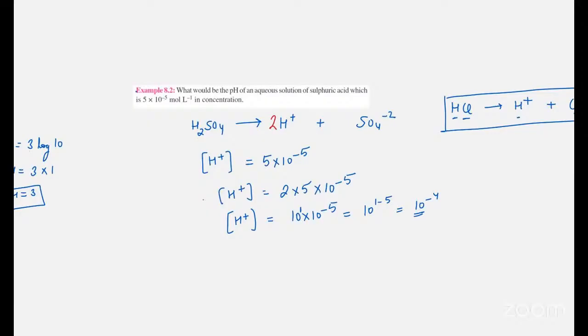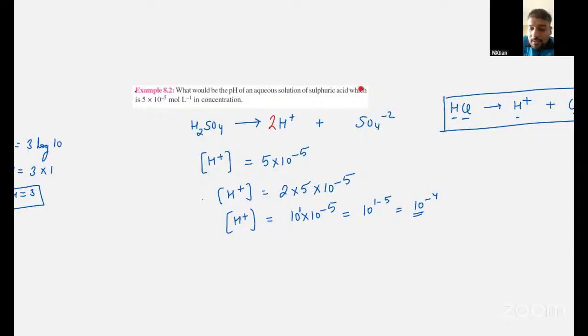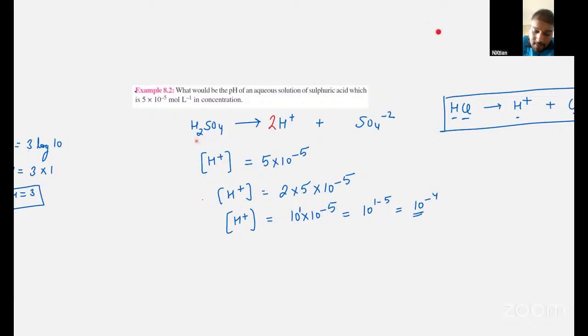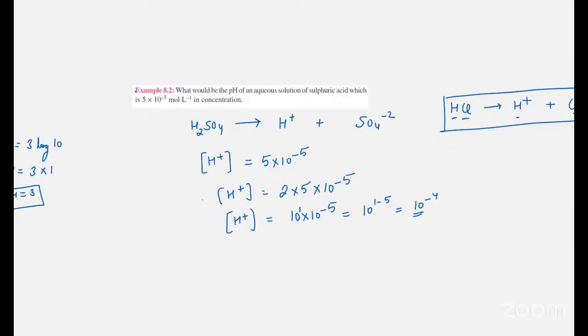So I couldn't understand, it's confusing me. See, now on the left side, how many H atoms are there? 2. And if I erase this, now how many H plus ions are there on the right side? 2, sir.